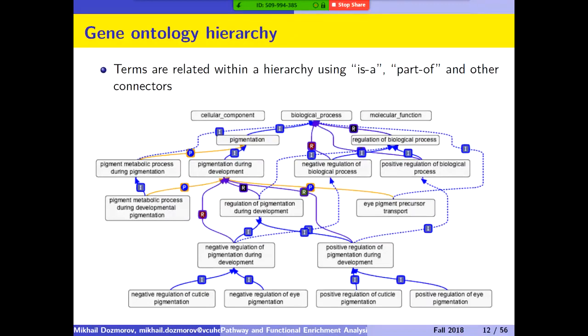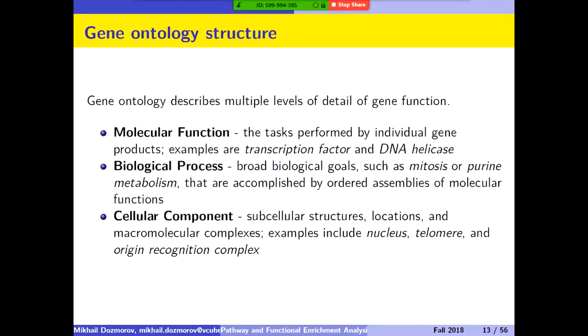For example, pigmentation is a biological process, pigmentation during development is like a child of pigmentation, and so forth. Regulation of pigmentation during development, and so forth. So as you go down in the hierarchy, you get more and more precise functional annotations.